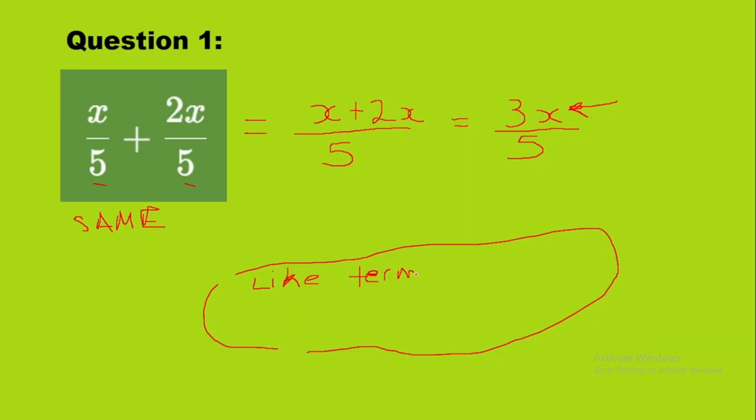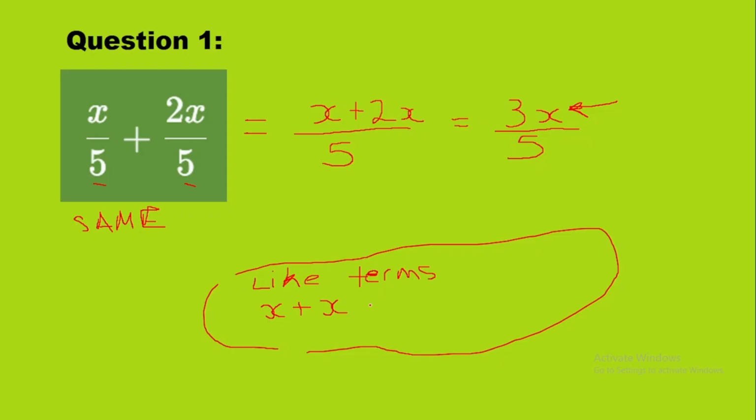When we talk about like terms, we're talking about this. If you have, for example, x plus x, these are not numbers, but they are the same letters. Because they're the same letters, they are called like terms. Meaning, you cannot add apple and carrot. You cannot add pineapple and apple. They are not the same thing.